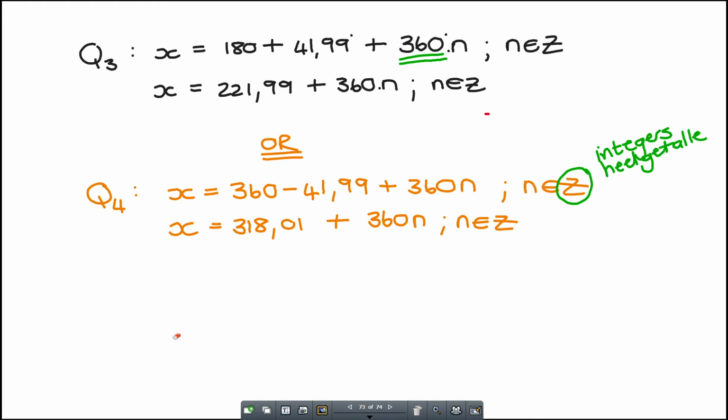So it's going to look like, oops, ek gaan nou hier onder sommer net vir jou krap en dan elke keer uitvee. 221,99 plus 360 and then if I substitute in n is 0. Hoeveel kry ek dan? Dan kry ons nou 221.99. Do you guys see that?